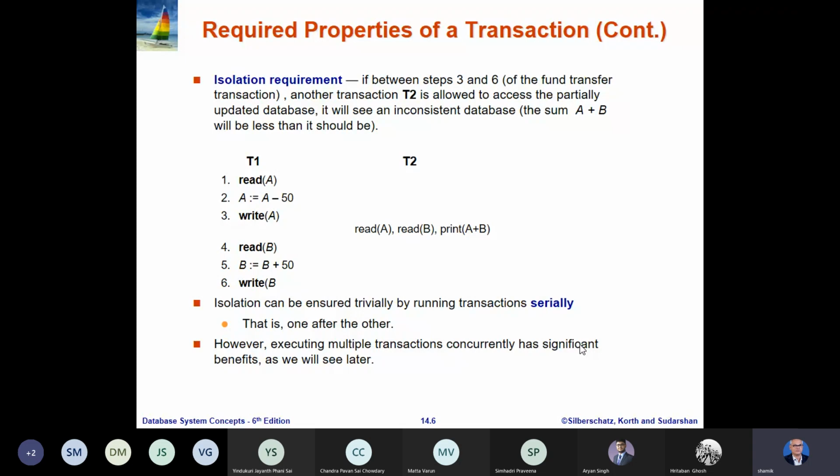If indeed B was there and B's value could be increased by 50, then A became 950 and B became 2050, and that is also a consistent state of the database. So it is important that we move from one consistent state of the database to another consistent state while we are executing such a schedule of transactions.